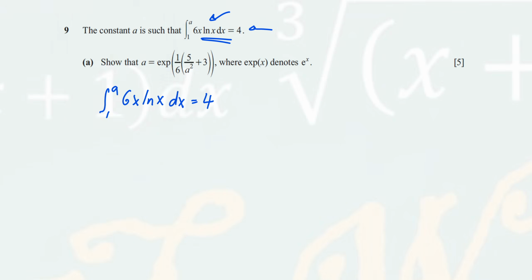Now, when we need to solve this integration, basically it is a multiplication of two different types of functions, right? Therefore, we need to use integration by parts. So for integration by parts, your u is algebraic, and now your u is 6x. So I will write u equals 6x, dv dx is ln x.